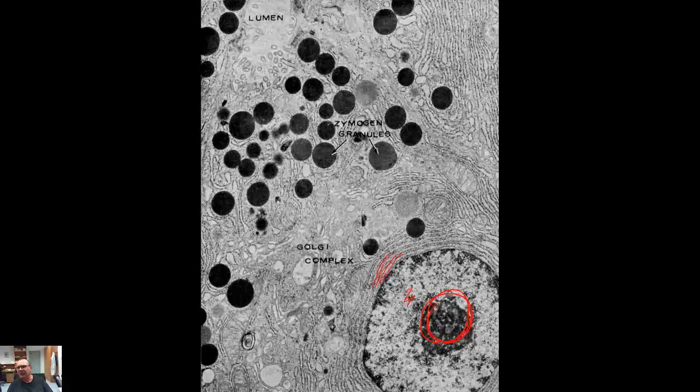If you see such parallel cisternae in any cell, it is a proof of a very high activity of rough endoplasmic reticulum.